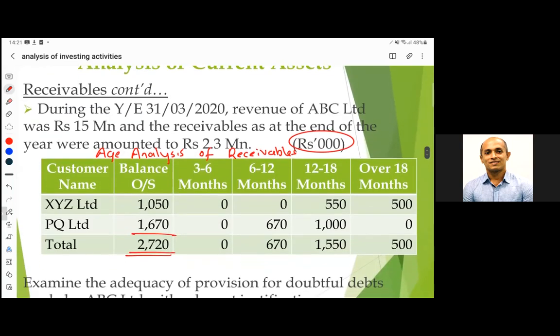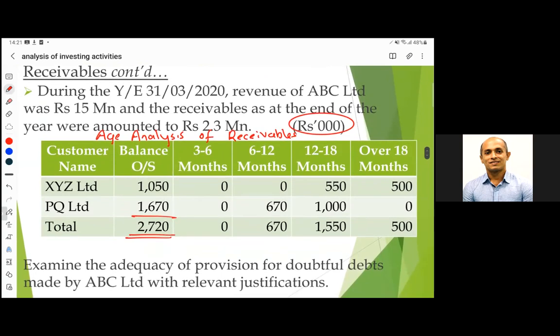Now you see the receivables balance includes 2 customers. You see balances are due more than 6 months.